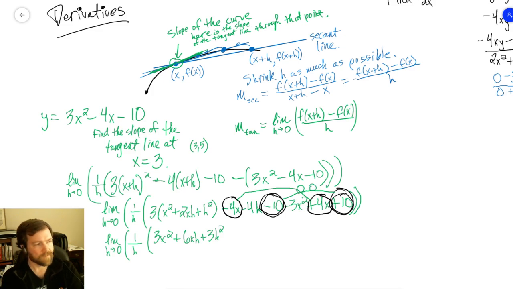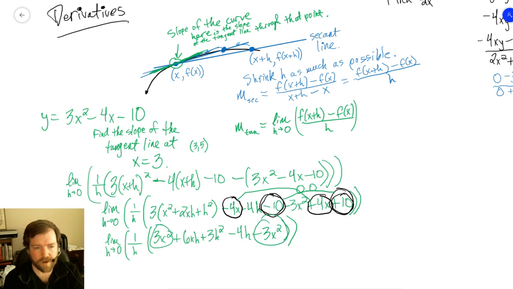So we got 0 terms that are going to be added, so we just drop them out. Then what's left now is a minus 4h minus 3x squared. Well, now we've got minus 3x squared here and here, or minus and plus, which also is 0. Then what's left is just this stuff in the middle. Only the terms that all have h in them.